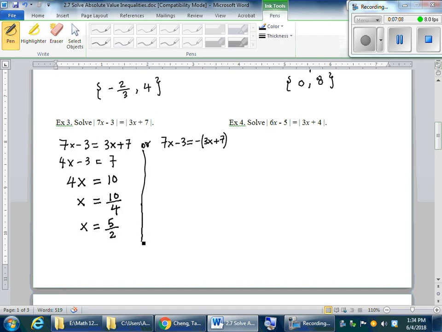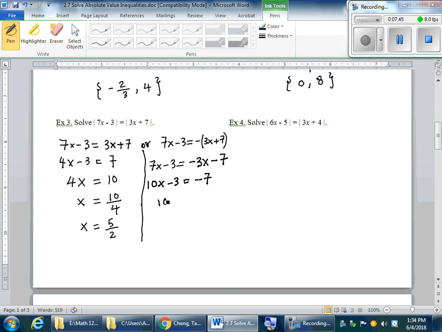Okay. Now, second equation, 7x minus 3 equal to, distributing the negative sign, so that gives us negative 3x minus 7. Adding 3x to both sides, which gives us 10x minus 3 equal to negative 7.